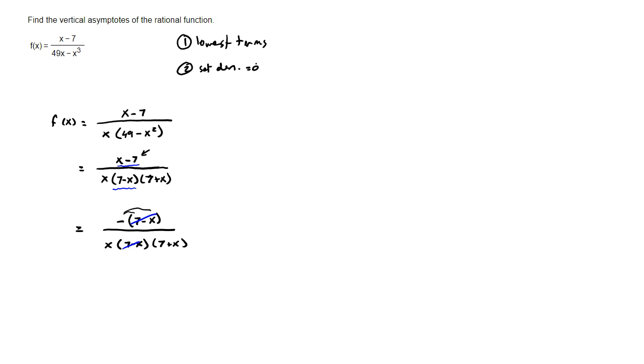So if I'm writing this function finally in its lowest terms, then I can write it as f of x is equal to negative 1 over x times 7 plus x, or x plus 7. So now that this function is in lowest terms, I can set the denominator equal to 0.